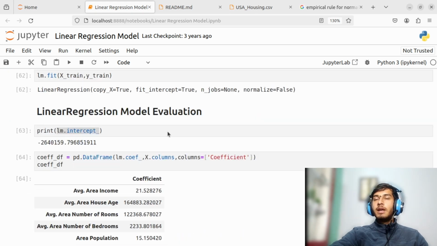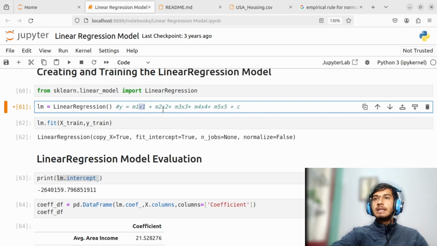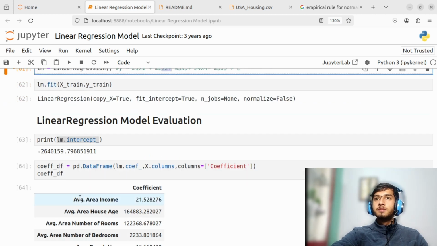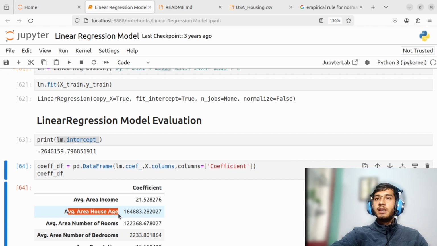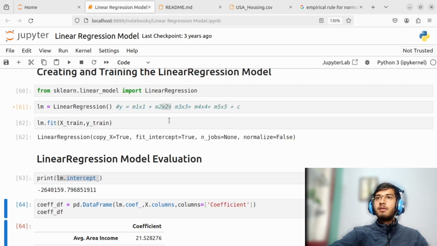In a new data set I will have x2, a new input for your average area house age, that will go inside this x2, m2 multiplied by x2. Similarly for other variables as well.